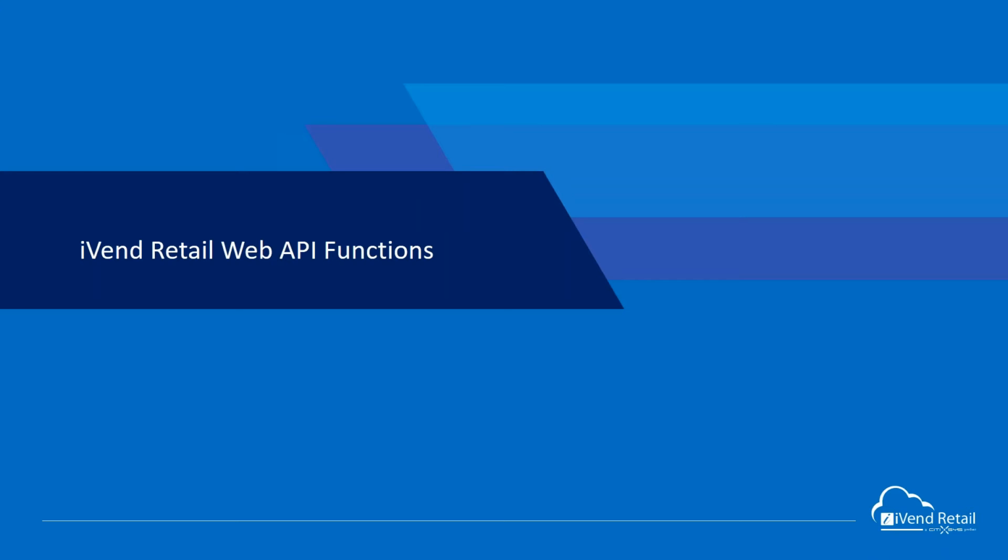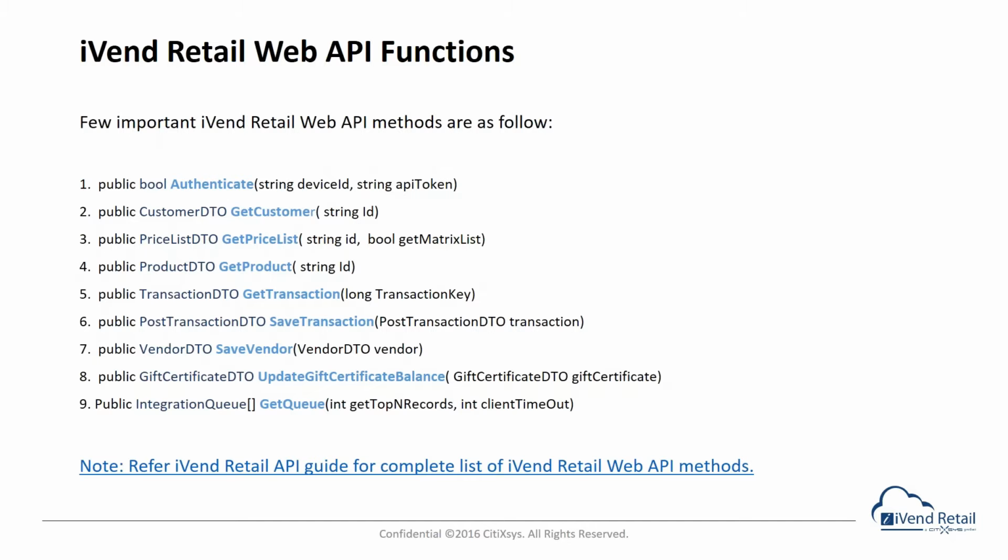Now, I'll explain a few common web API functions in iVend APIs. So we have authentication function. This is very specific if you are trying to develop any mobile application on top of iVend.